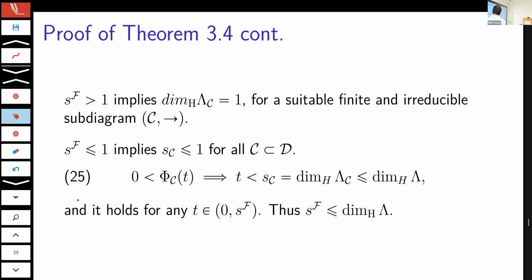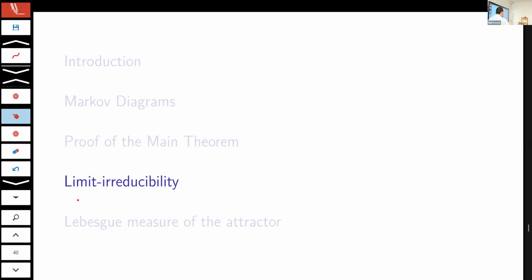Since we know that the pressure is bigger than 0 at any value t that I could choose below the natural dimension, I will have this nice approximation, and it will yield that the Hausdorff dimension is larger than or equal to the natural dimension, meaning that it must hold if we have exponential separation and limited reducibility.